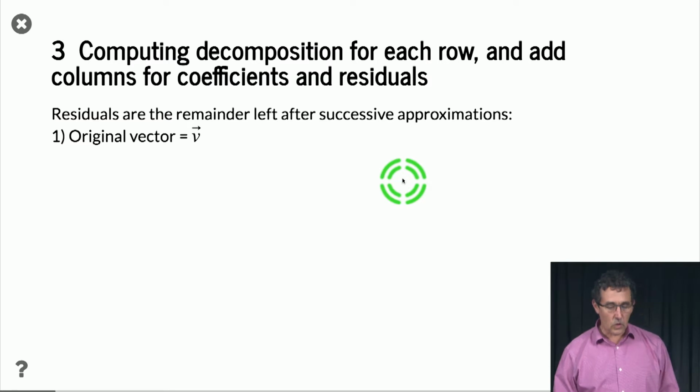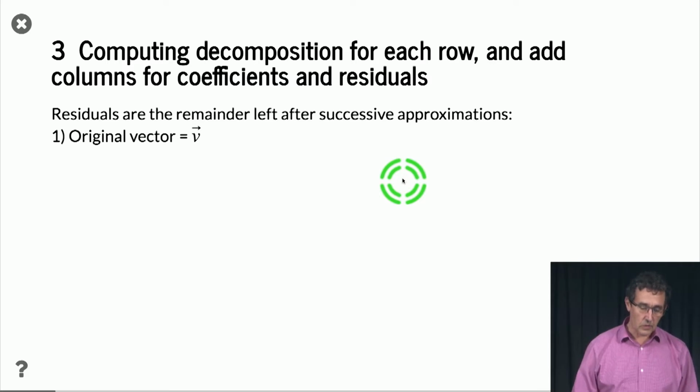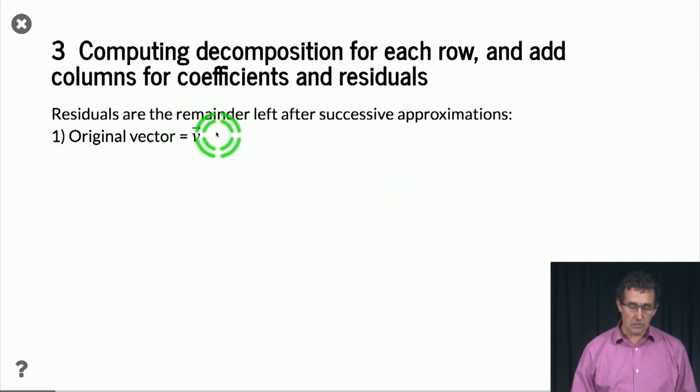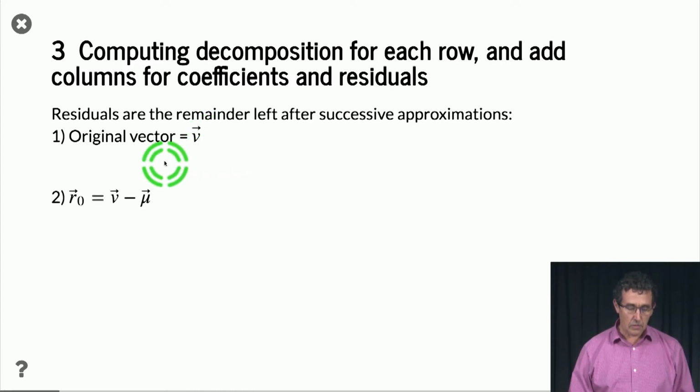Next, we're going to look at computing the decomposition of each row, each particular year of snow depth. We're going to then add these coefficients that give us the description. So to remind you, if the original vector here is v, then the first approximation is simply using the mean.